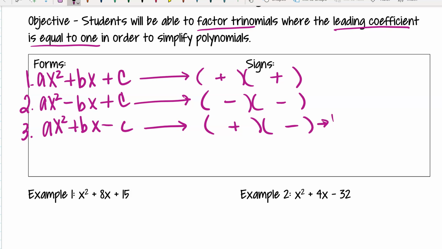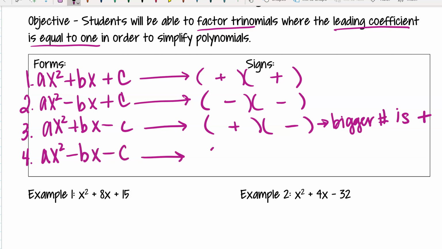When you do your multiplication, your bigger number is positive. And we'll talk about why that is when we get to an example, okay? So for 4, we have ax squared minus bx minus c, and that again gives us a plus and a minus.